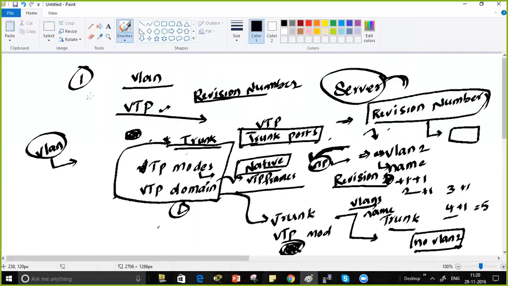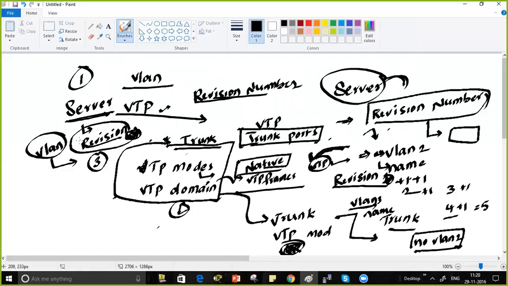We are saying that the server will maintain this VLAN information, right? So, which server has the highest revision number? It means the modifications in the VLANs are highest, so whichever has the highest revision number, that server has the most VLAN information, right?